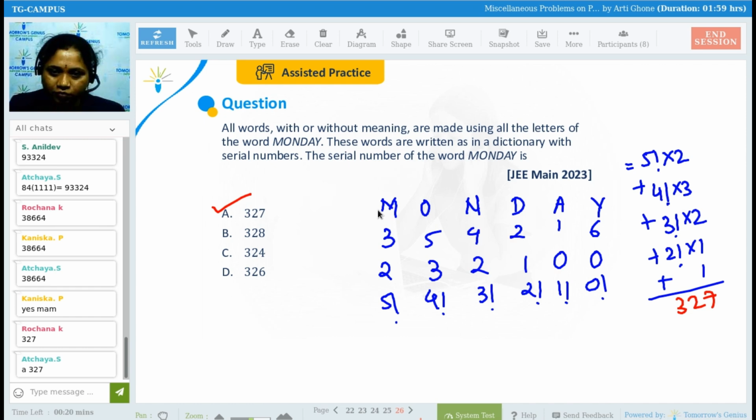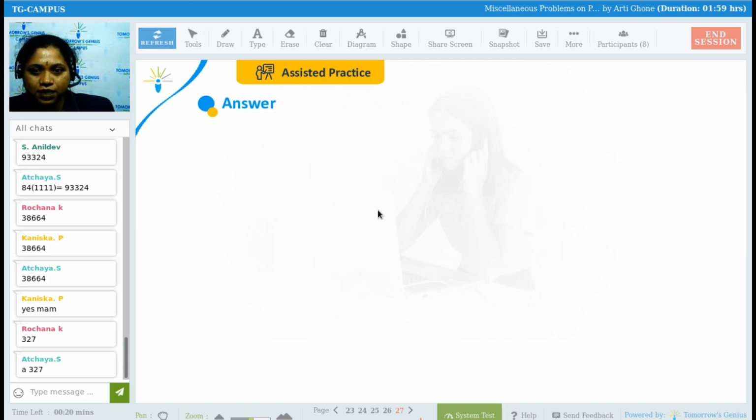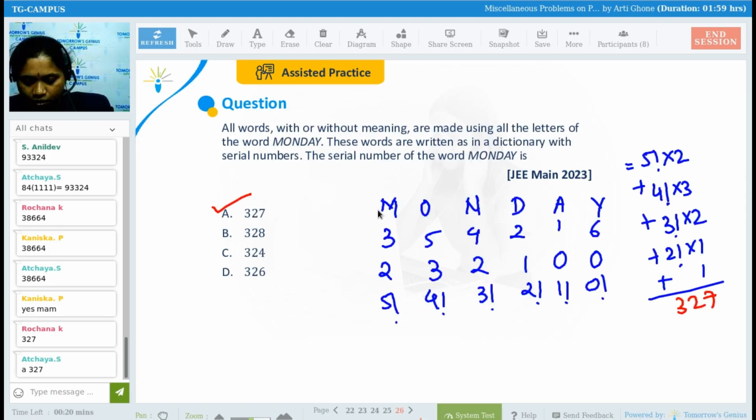Easy? Yes. Okay. Just increase your speed for the easy questions. That is my only expectation. Because if you take more than 15 minutes for a simple level question, then what will you do with the complicated ones?